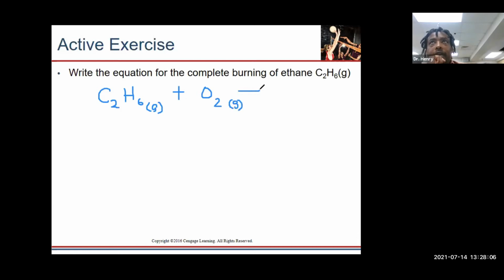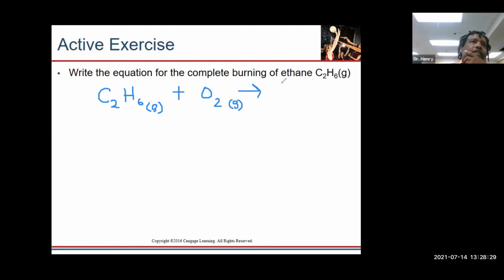So what are we going to make when we burn something? We're always going to get the same two products. What are they? C2O2. C2O2? Okay, let's think about this.